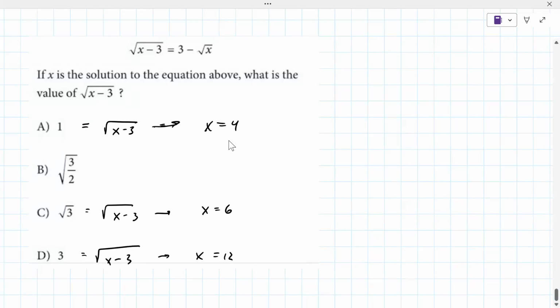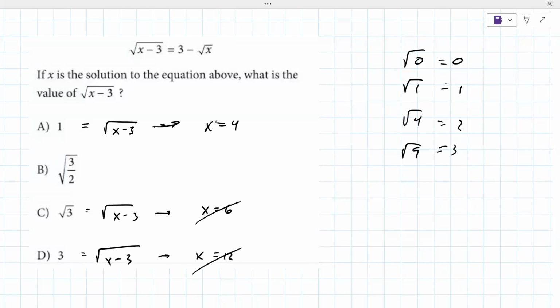As a known value? Yeah, so these are okay, but these are not. You can't take the square root of this, so get those away. I don't know what the square root of 6 is. I don't know what the square root of 12 is. That's probably not going to be it.